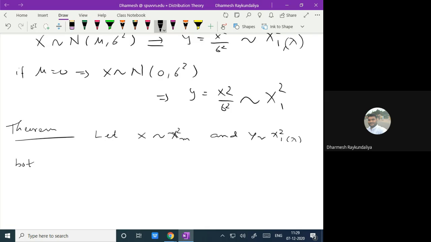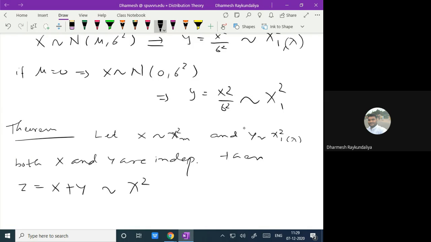Both x and y are independent. Then the sum of independent variables, let us say z equal to x plus y, is distributed as non-central chi-square with degrees of freedom m plus 1 and non-centrality parameter lambda.